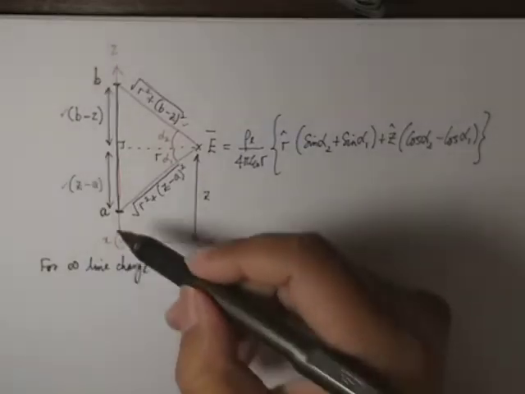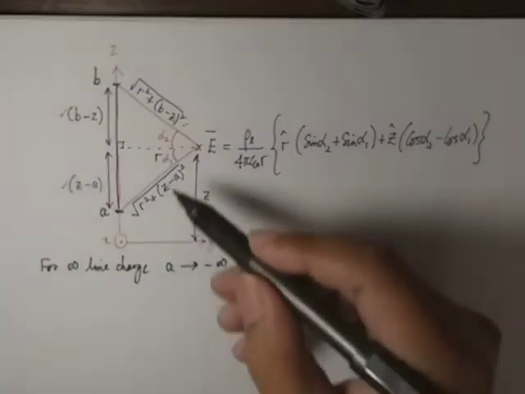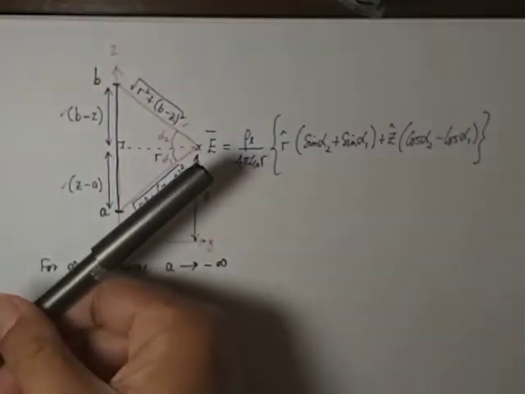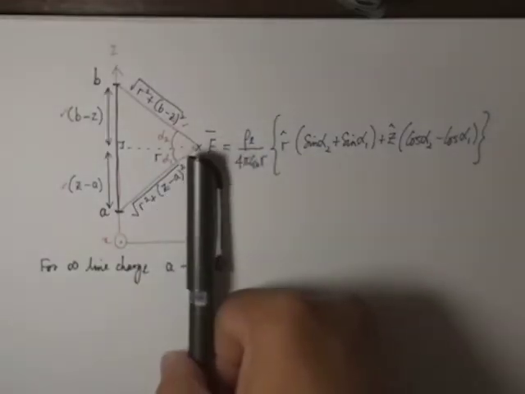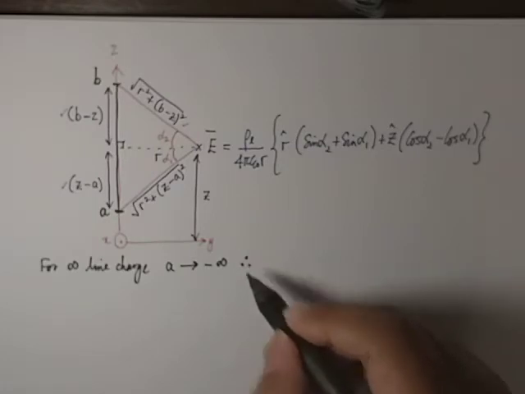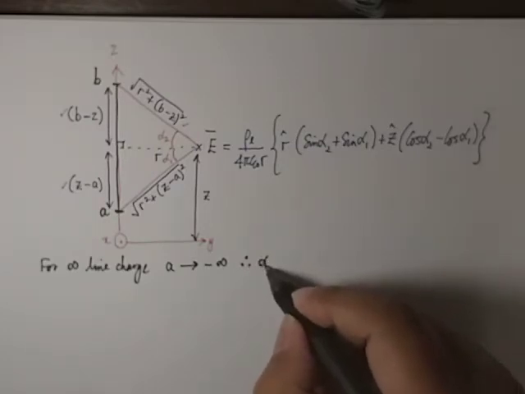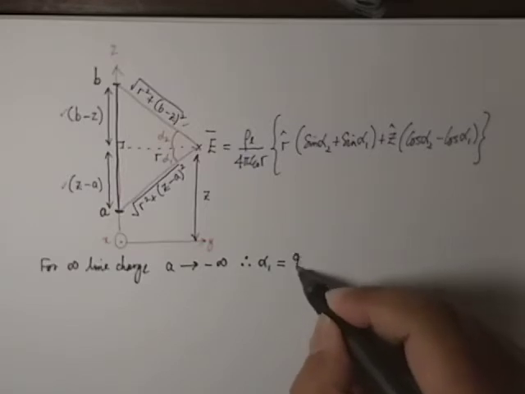So we need that very, very far down here. So what happened to the angle alpha 1? Now we're going to see that this line is going to be parallel to our line charge. Therefore, we can see now angle alpha 1 is becoming 90 degrees.